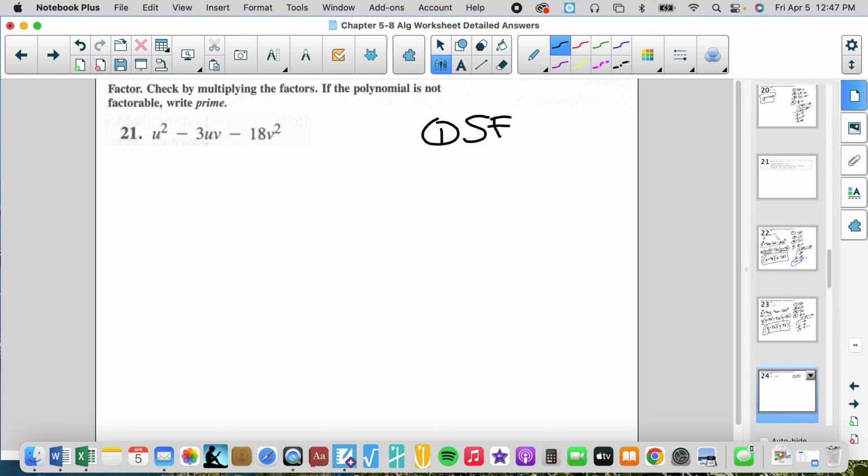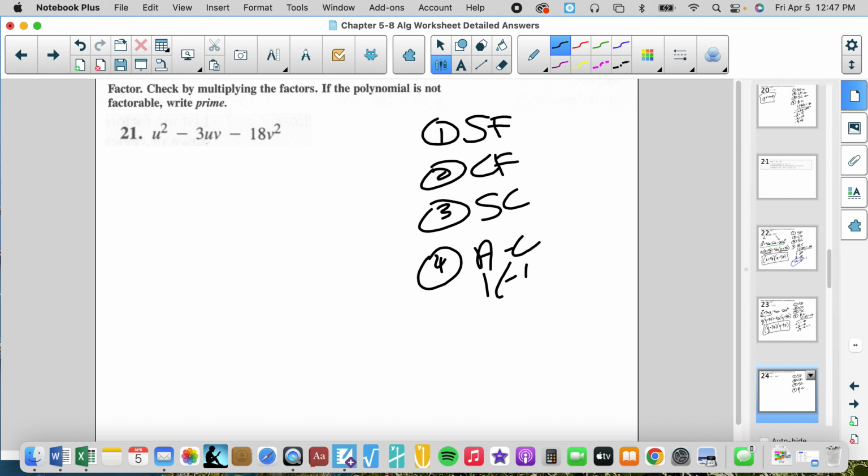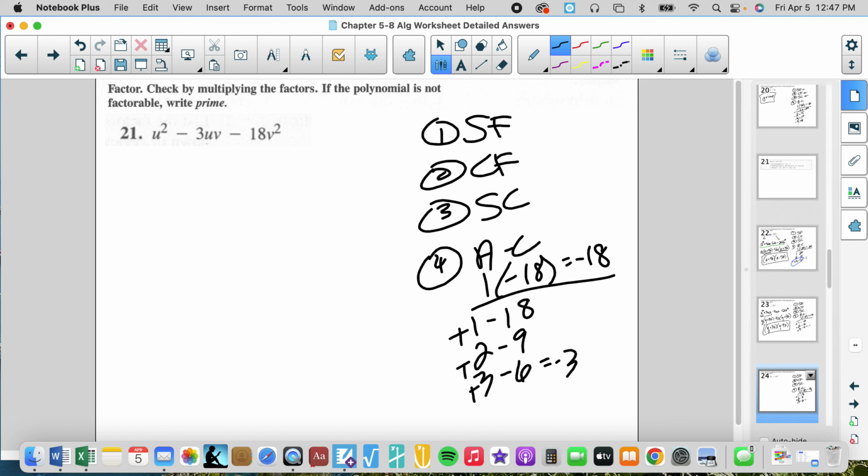Standard form, common factor, special case, A times C. 1 times negative 18, 1 and 18, 2 and 9, 3 and 6. Signs are different. Bigger is negative, so positive 3 and negative 6.